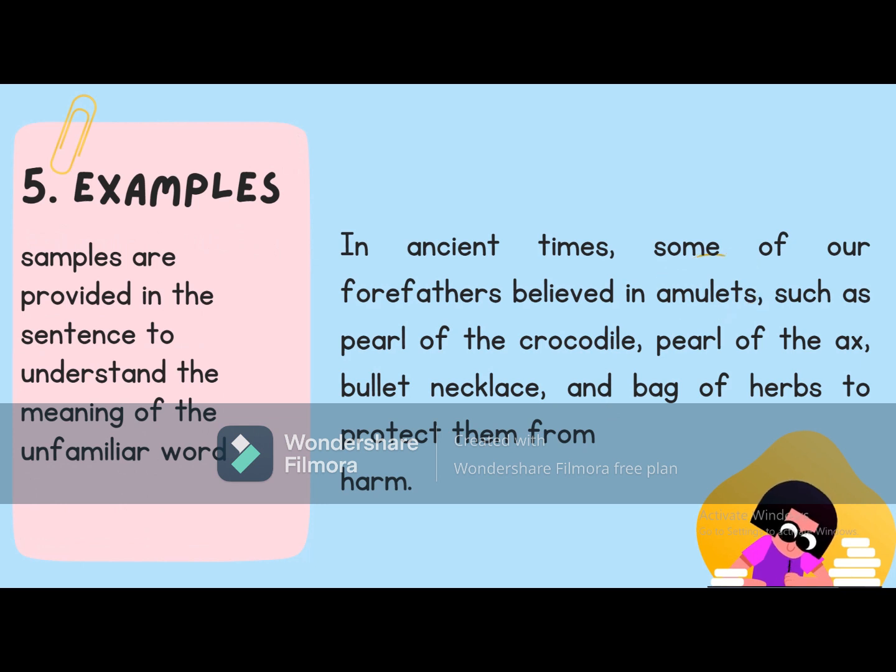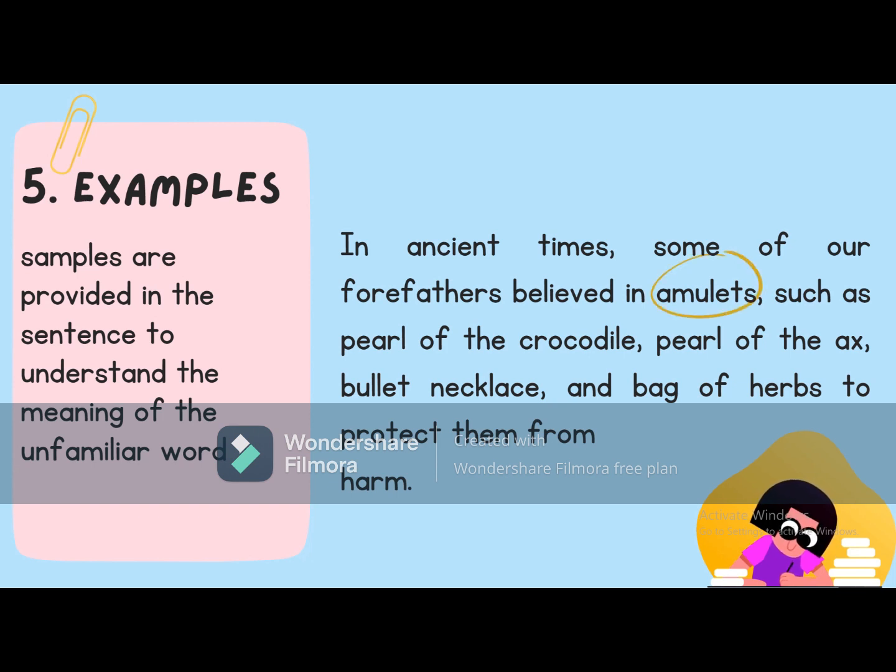Next, we have examples. Samples are provided in the sentence to understand the meaning of the unfamiliar words. Let's have this example. In ancient times, some of our forefathers believed in amulets, such as pearl of the crocodile, pearl of the axe, bullet necklace, and bags of herbs to protect them from harm.